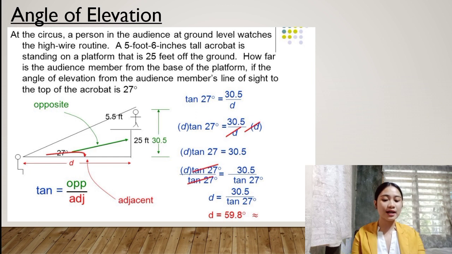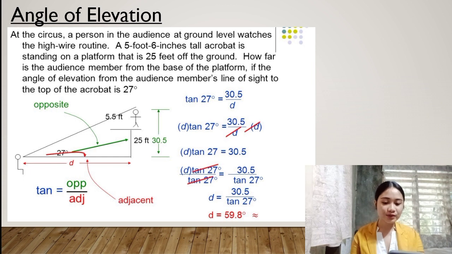So, let's use the TOA. So, we have tangent 27 degrees is equal to 30.5, kasi inadd natin yung height ng tao tsaka yung total feet nung saan siya nakatayo from the ground. So, we have 30.5 over distance or the adjacent.